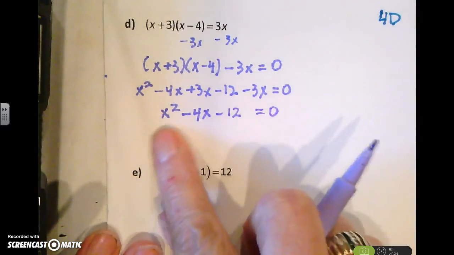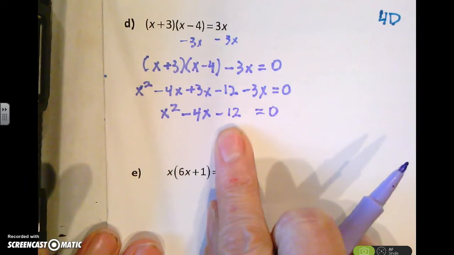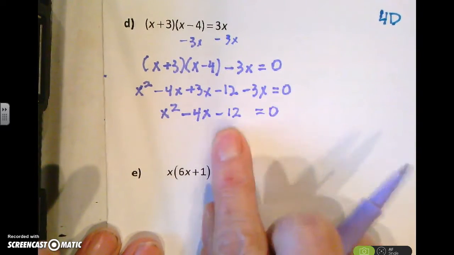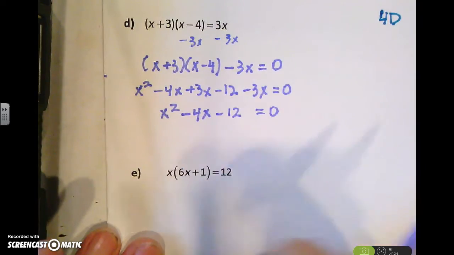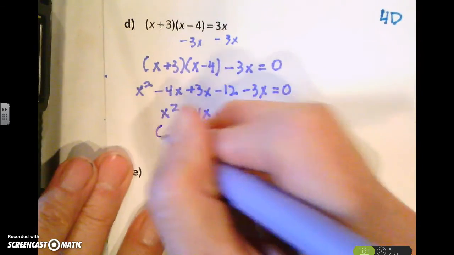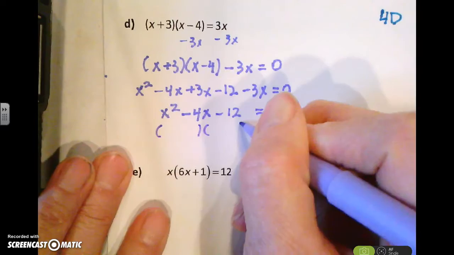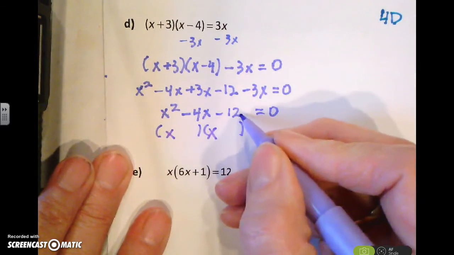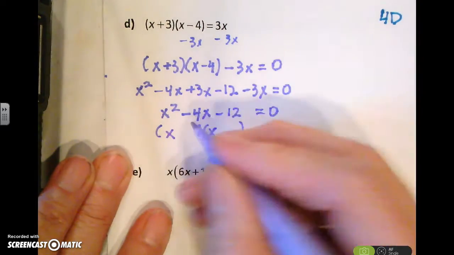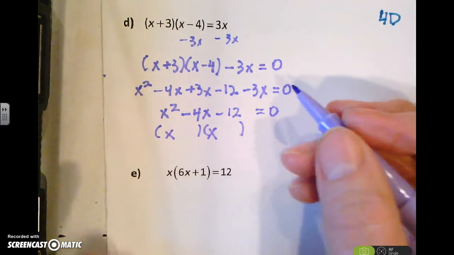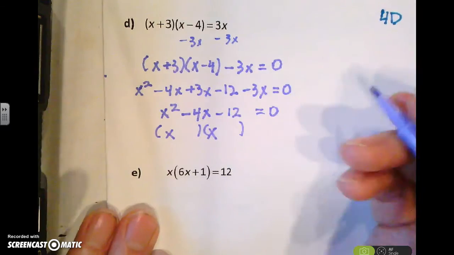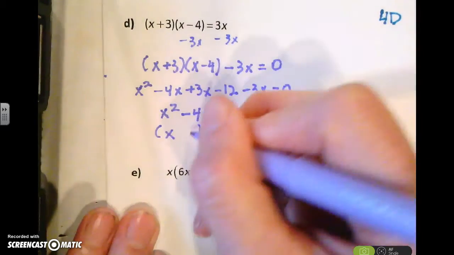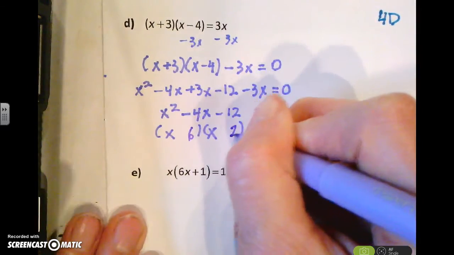So now we have a trinomial. There's no GCF, so we're going to use the AC method and factor this. My x squared doesn't have a coefficient, so we can do x and x. Two numbers that multiply to be negative 12 and add to be negative 4 would be 6 and 2. So I'm going to have a 6 and a 2.